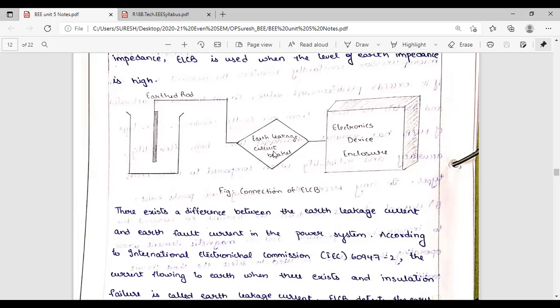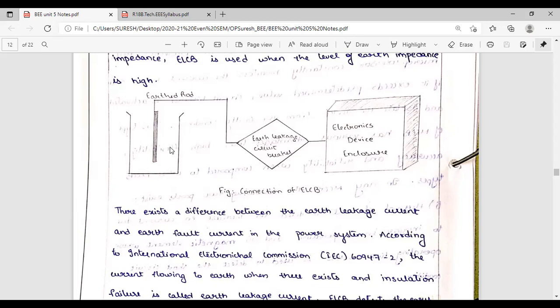Then how will this circuit breaker operate? Suppose there is no proper earthing to this device, this earth leakage circuit breaker has to detect the leakage current. If there is earthing, what is the voltage at the earth point? 0.